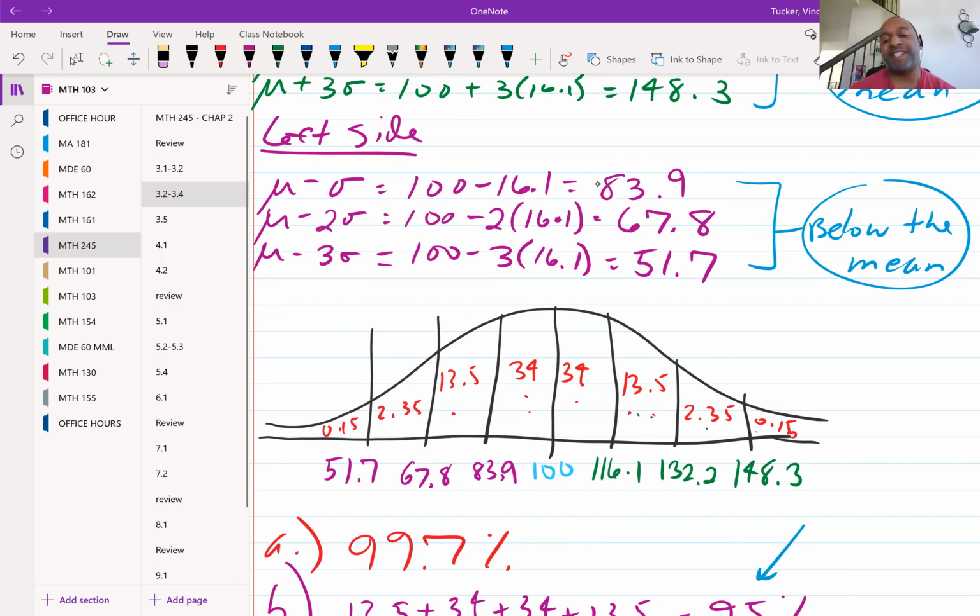Me paraphrasing, it should be close to that, but the answer would be 99.7. That just comes from that third statement of the empirical rule. So really no calculation there, just 99.7. If they ask you about 2 standard deviations within the mean, it would be 95%. If they ask you about 1 standard deviation, then it would be 68%.